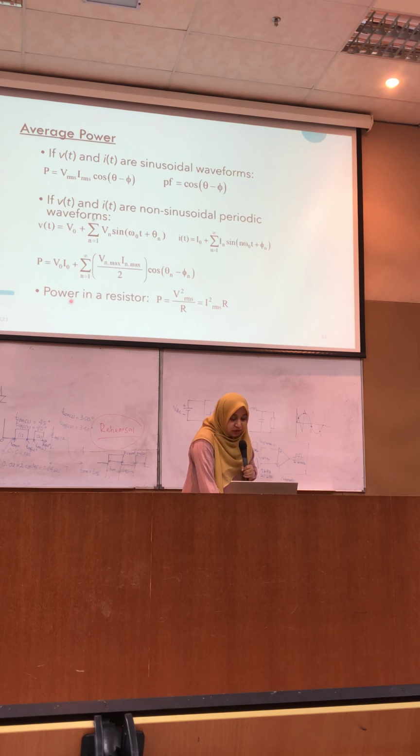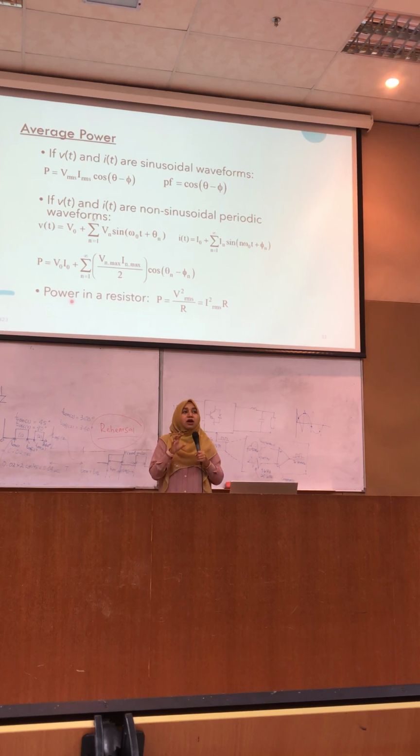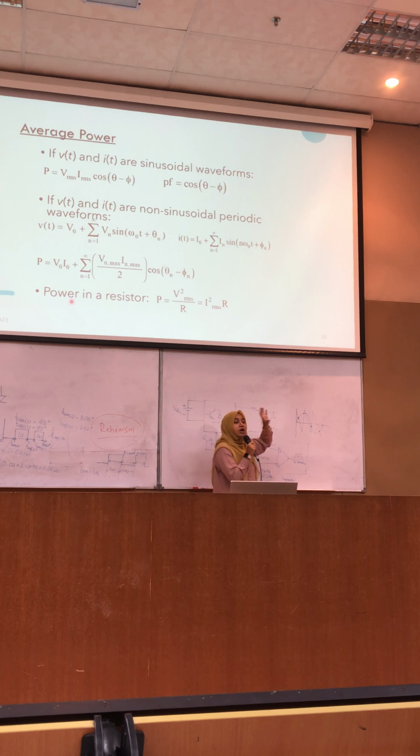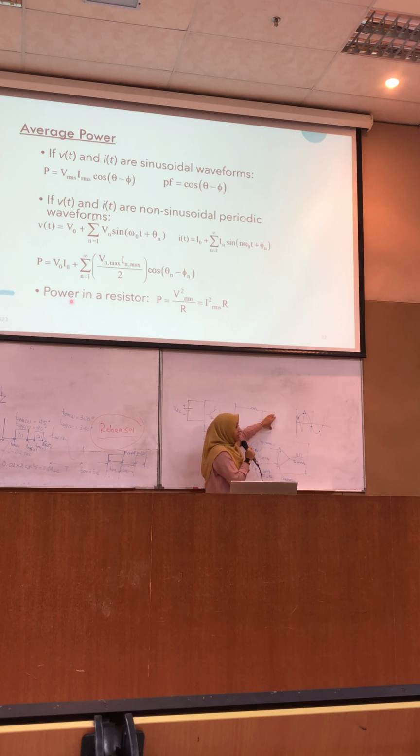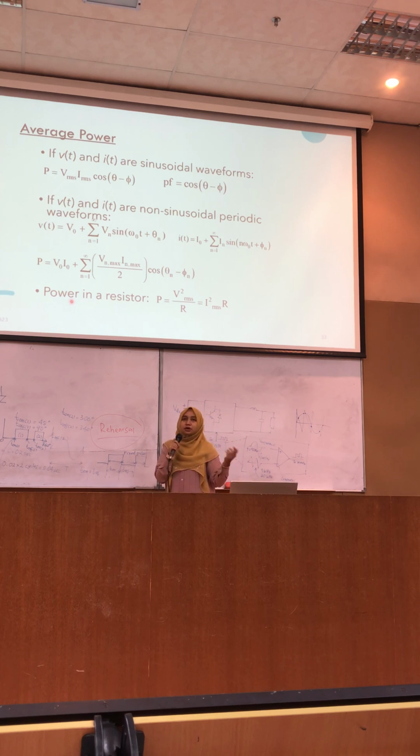Okay. So if you need to calculate the average power and you have an RL load, for average power you only need to consider R. Even though you have an RL load, let's say your R is 10 ohm and your L is 10 millihenry, to find the average power, your P will be equals to V multiplied by I. If you want to find your I, you use Ohm's law, V equals to IR.